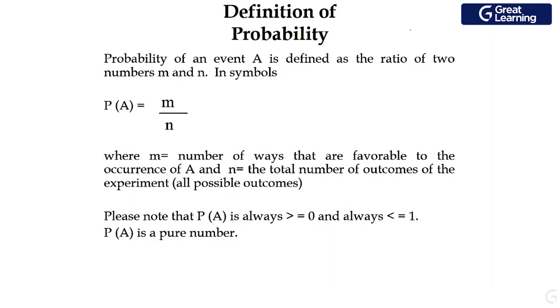And therefore, such a definition warrants it has to be a pure number. Probability cannot be in kilograms, 0.2 kilograms and all. There's something wrong with us. It's a pure number between 0 and 1. A number can be 0 at the extremity, can be 1 at the extremity, but it cannot be more than 1. It cannot be negative. A pure number, 0 to 1.